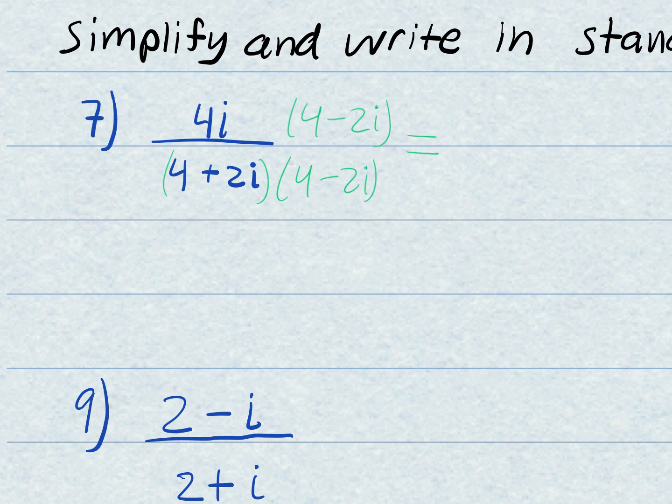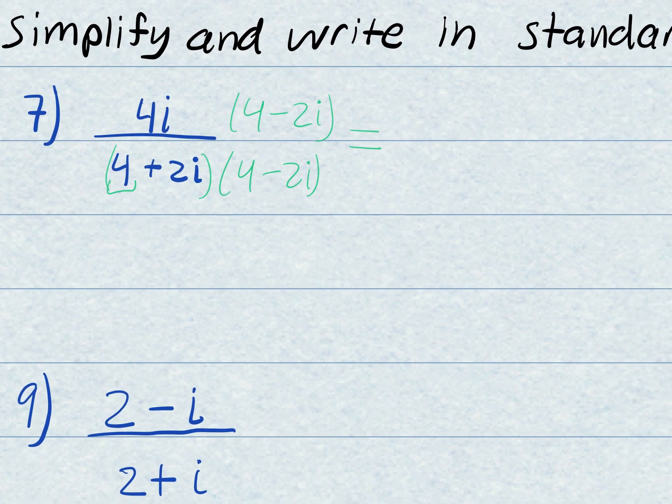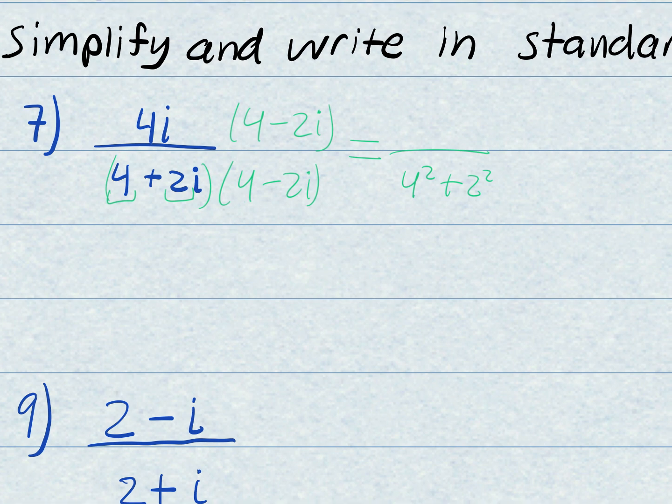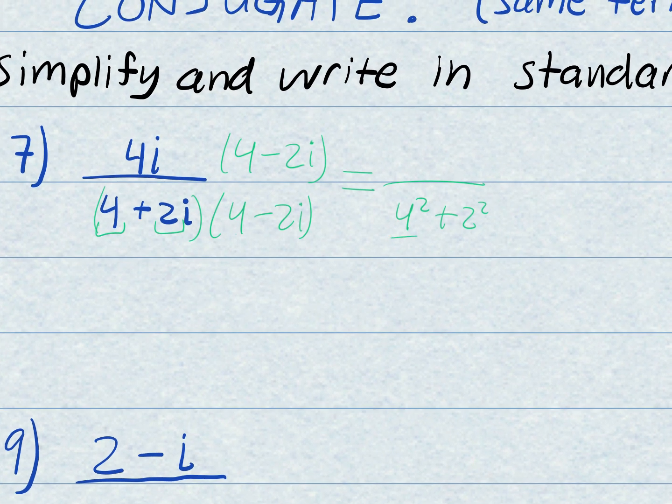So in this case, 4 squared plus 2 squared, the coefficient of the imaginary part. You can do that instead of foiling it out, because when you FOIL it out, the middle terms cancel out when you're multiplying by the complex conjugate. So this is just a shortcut. Just square the first term and square the real part of the second term.